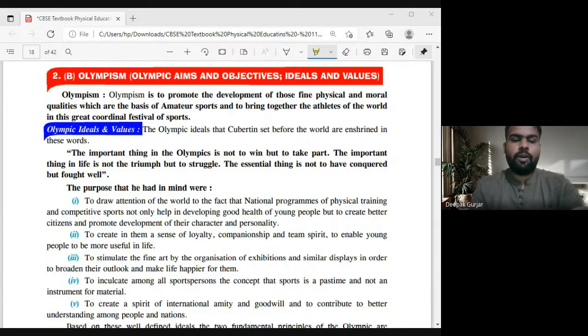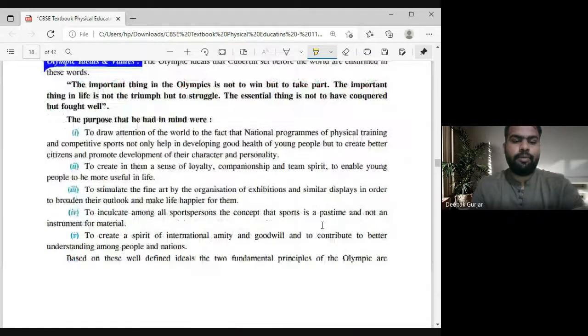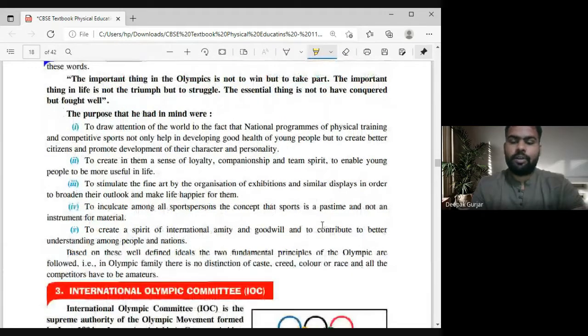The purposes he had in mind were, you must pay attention to this, to draw the attention of the world to the fact that national programs of physical training and competitive sports not only help the development of good health of young people, but also create better citizens and promote the development of their character and personality.